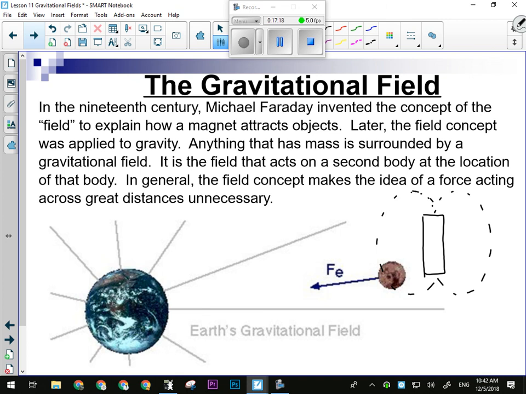Heat was an invisible fluid for a long time that went from a hot object to a cold object. We had to come up with these magical ways for things to work until we found out how they actually worked. So it made this idea of a force acting over great distances using invisible threads unnecessary, which was important.